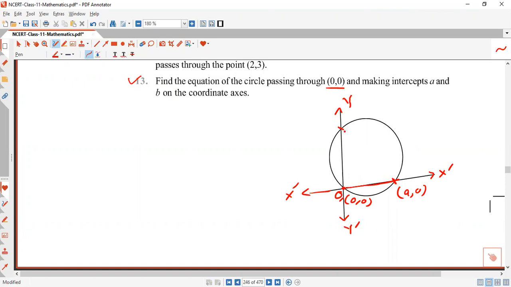This intercept is A, or this intercept is B. I'm making the positive sides here. Find the equation of circle passing through 0, 0 and making intercepts A and B on the coordinate axis. So this coordinate axis point will be 0, comma B.